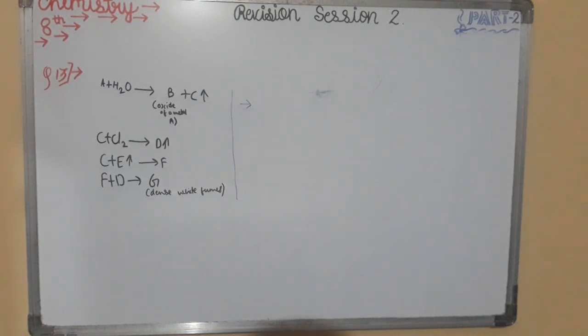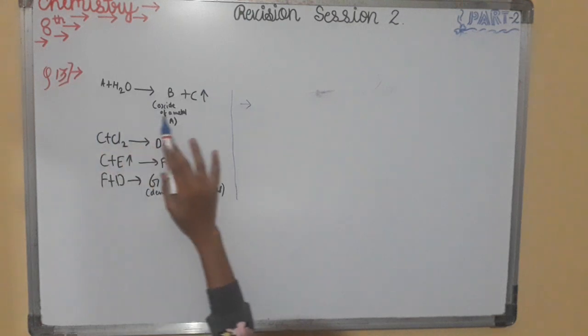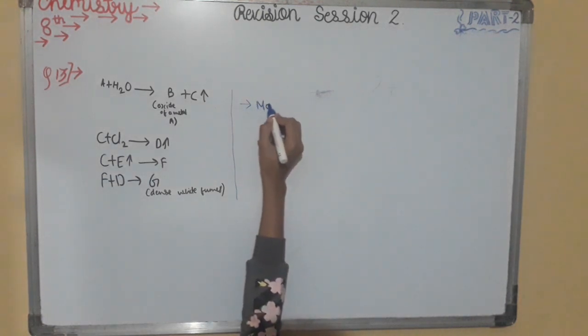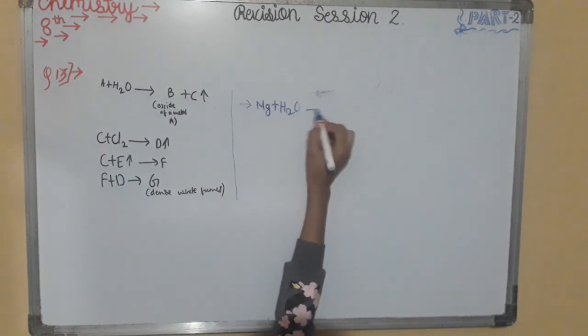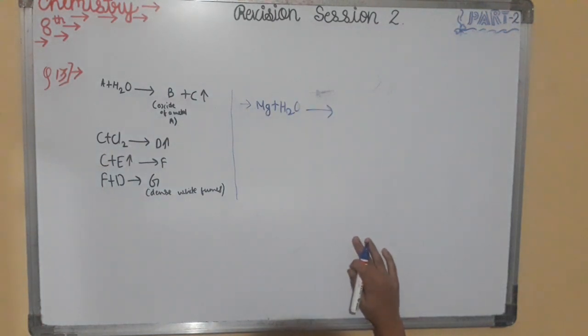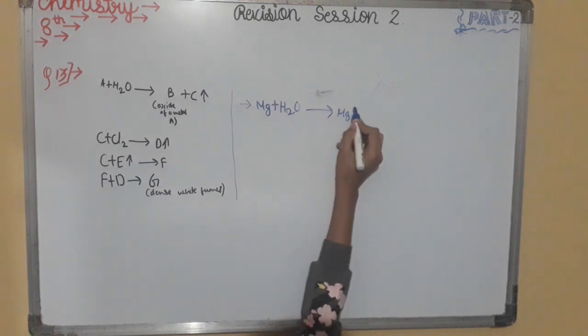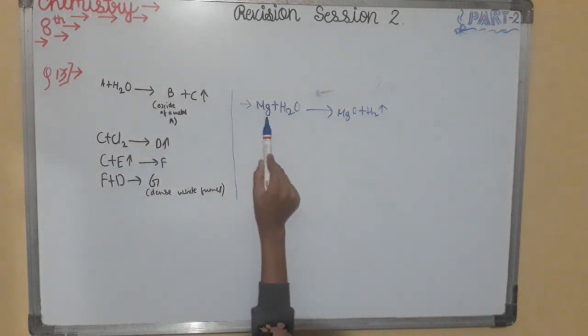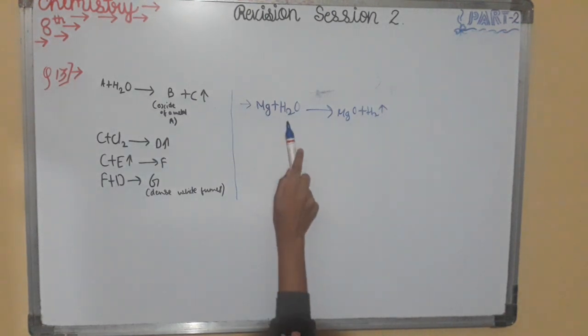An oxide of metal A is B. By thinking, in the chapter of hydrogen we have studied one reaction, that is Mg plus H2O gives MgO plus H2, where according to the equation MgO is the oxide of metal Mg, that is correct.